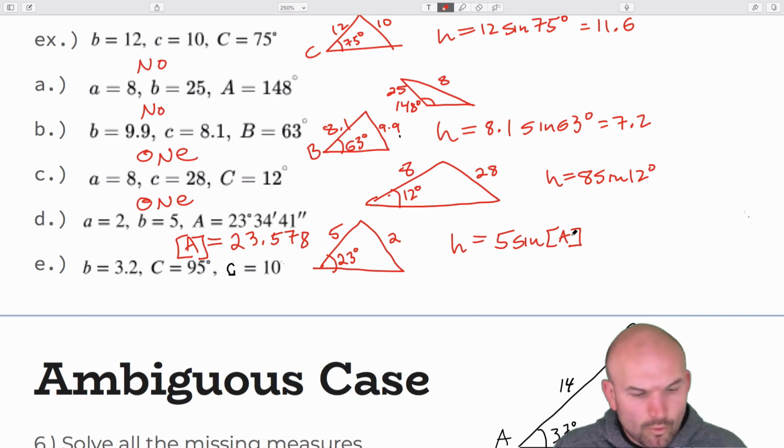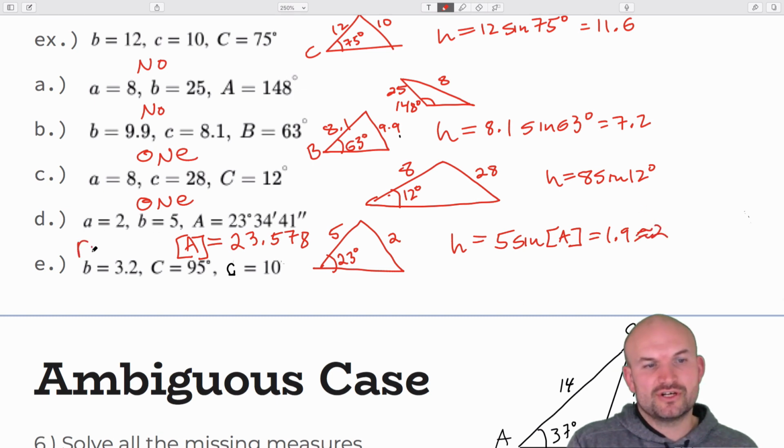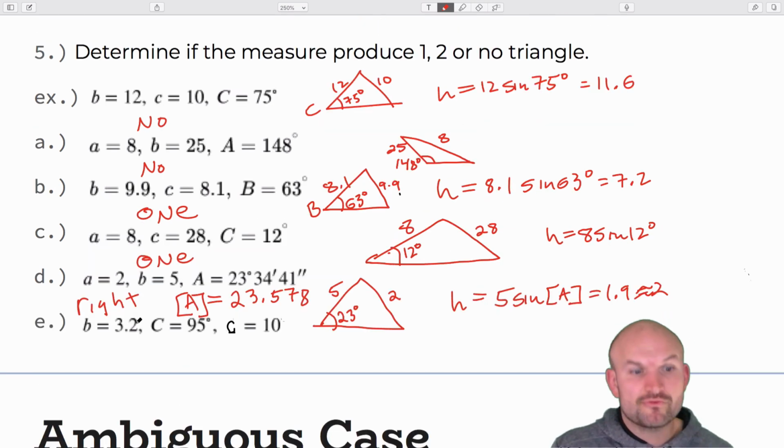And when I do that, I get 1.99999, and I think that's just a rounding error. You can see that that's actually exactly equal to 2. So therefore, this is going to turn us into a right triangle.